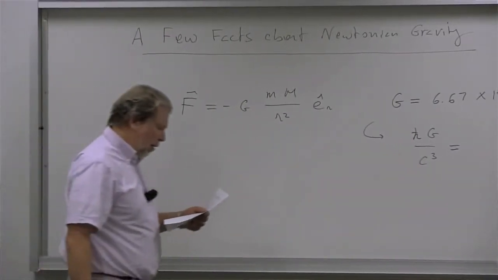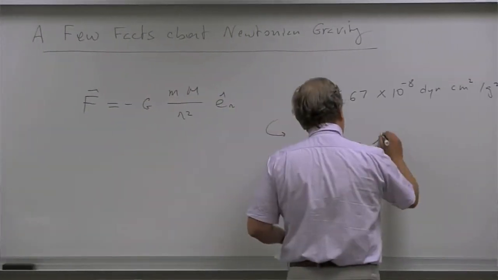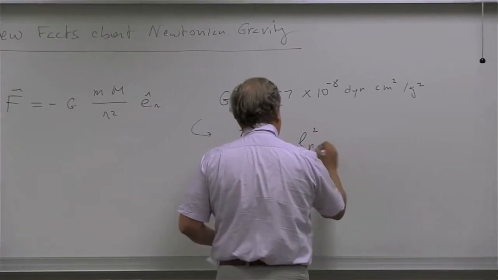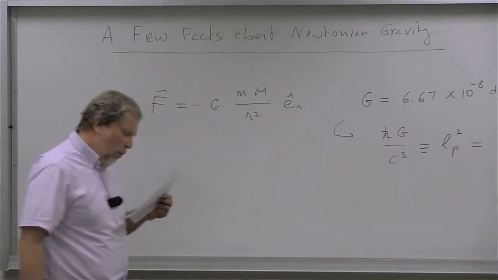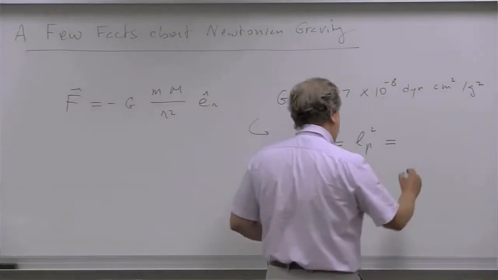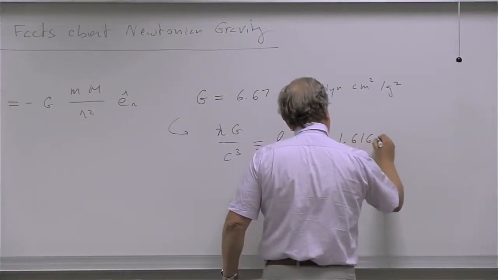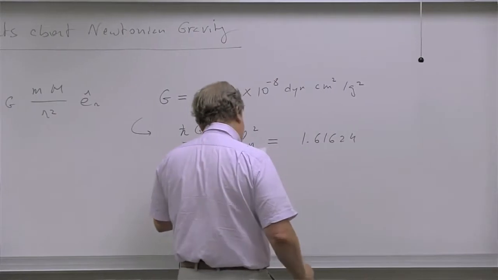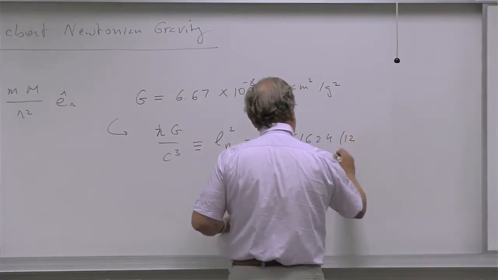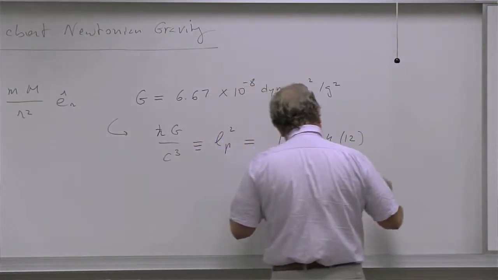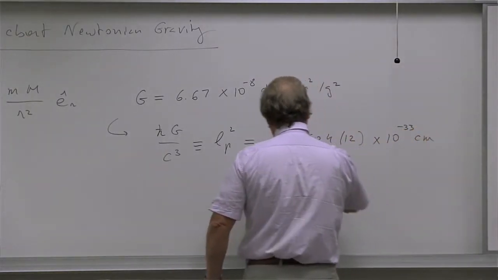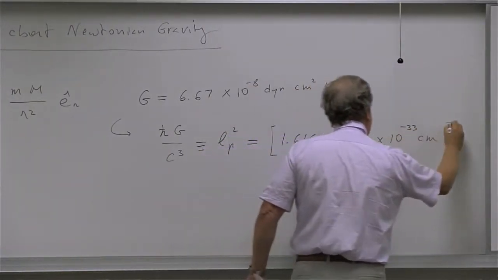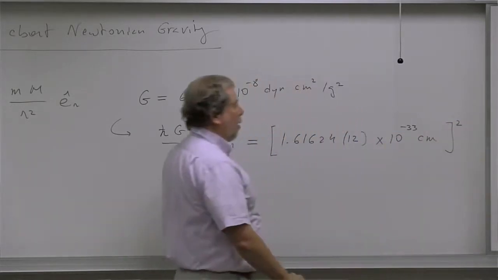And so this is called the Planck length, and this is the Planck length squared. And this length is equal to 1.61624, with an uncertainty of about 12 in the last digit, times 10 to the minus 33 centimeters, and then the whole thing squared.